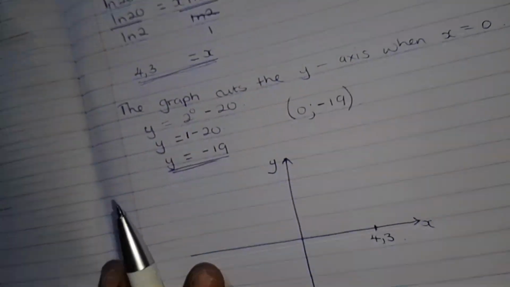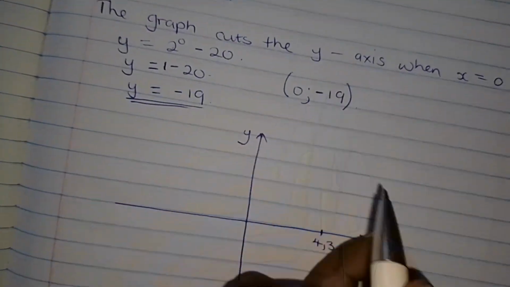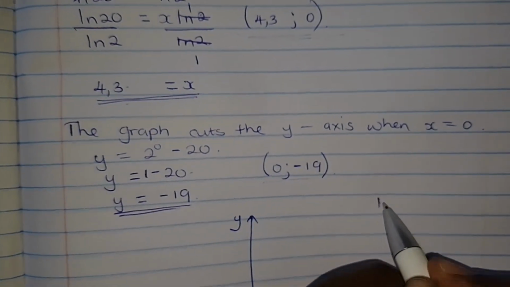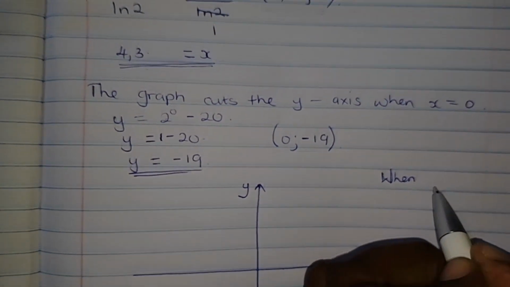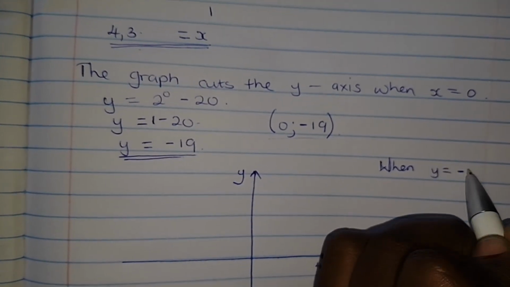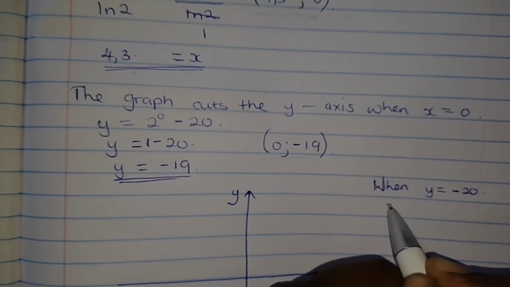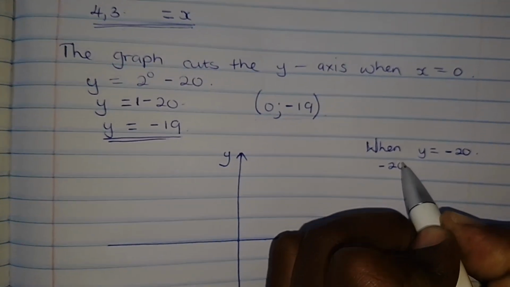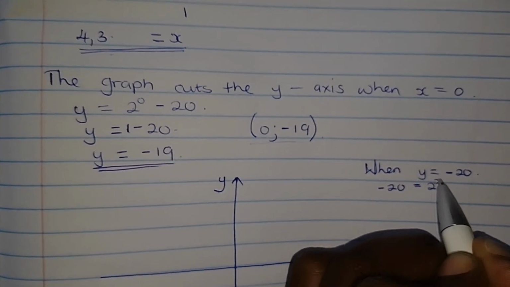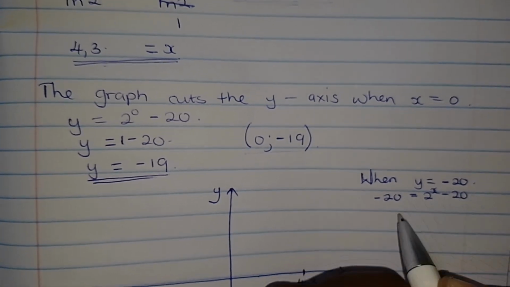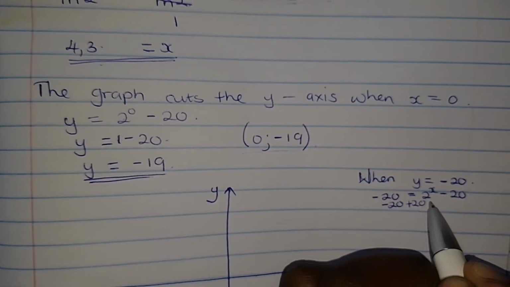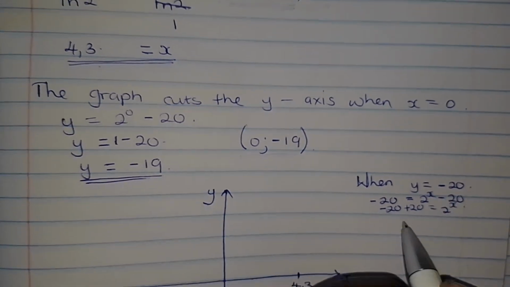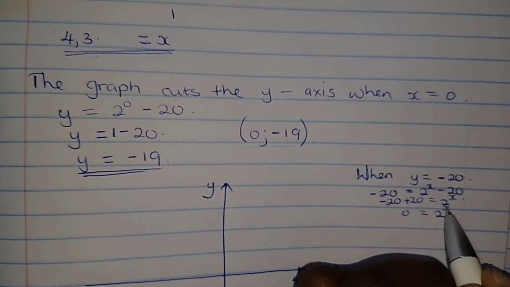To verify that, when y is equal to negative 20, we have negative 20 equals 2 to the power x minus 20. Negative 20 plus 20 is equal to 2 to the power x, so 0 equals 2 to the power x.